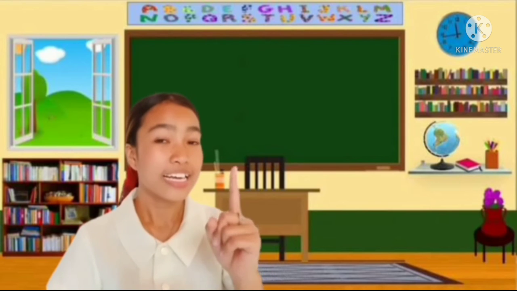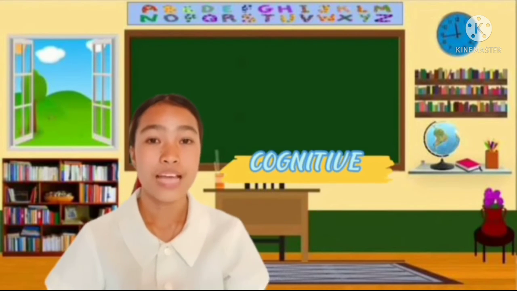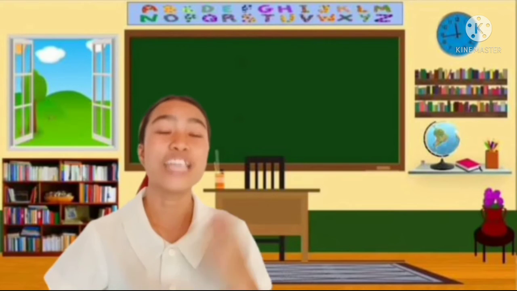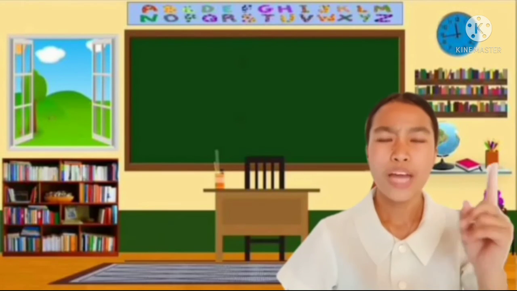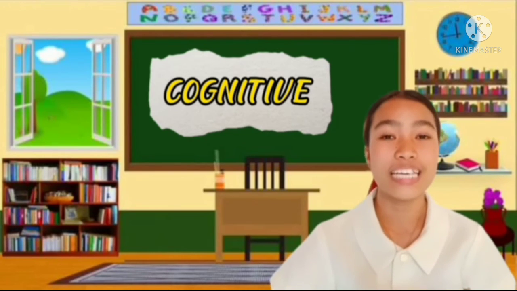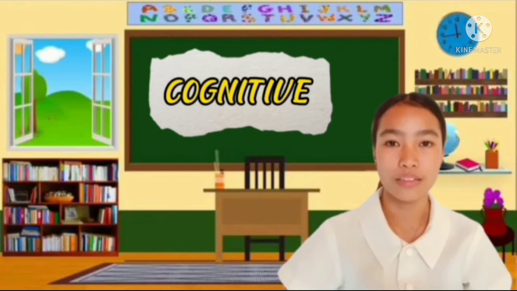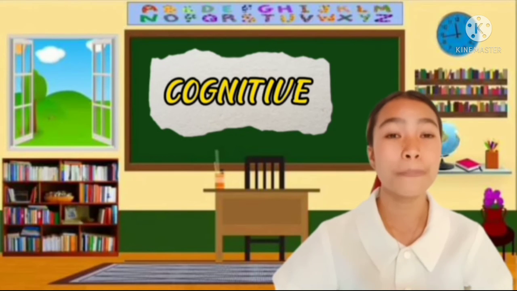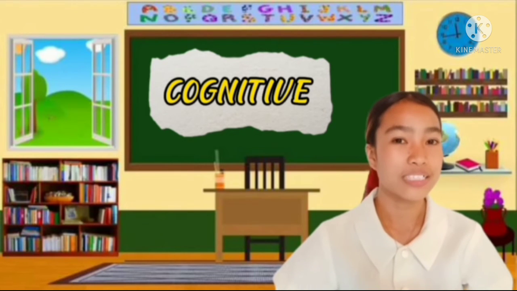The first one is the cognitive, psychomotor, and the affective. When we say cognitive, it purely focuses on the intellect of an individual, shaping the total personality of our students.